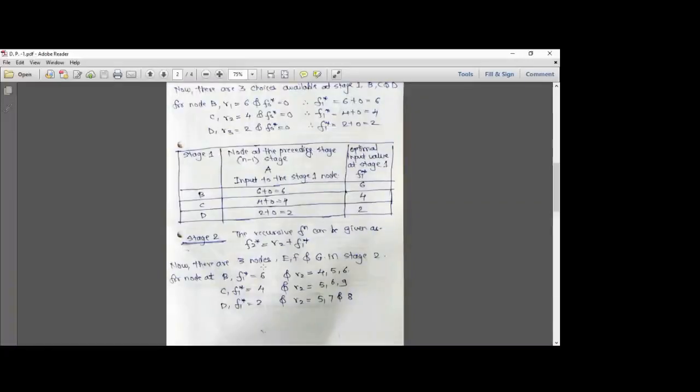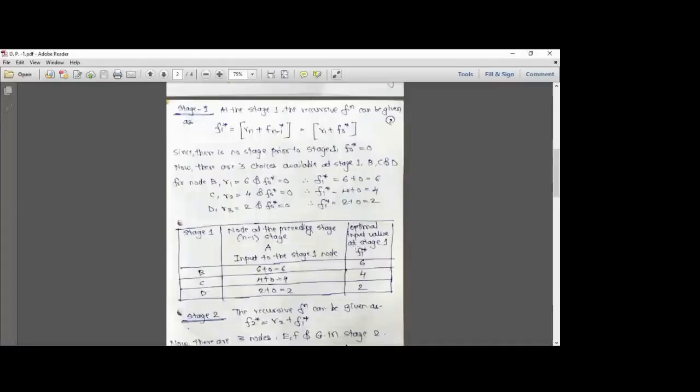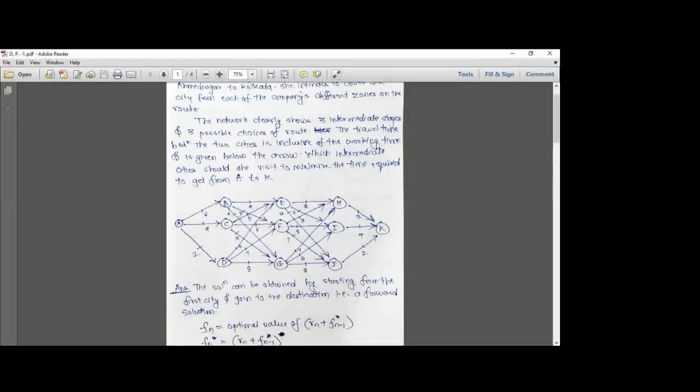Now, for R2 also, the R2 values are going to get deeper. If you go at B, from B we can move towards E, F, and G. So the values here are what? See, here the values are for B to E it is 4, for B to F it is 5, and for B to G it is 6. So it is 4, 5, 6.